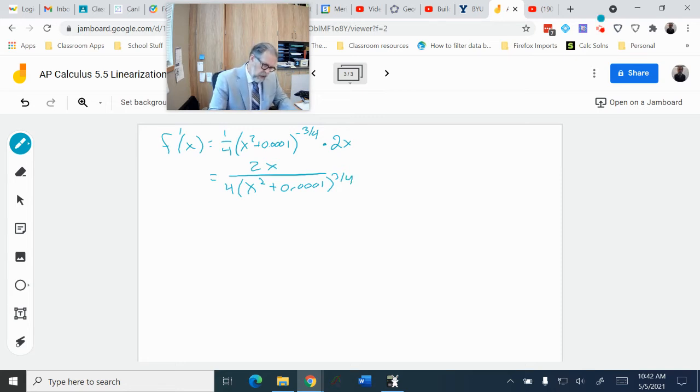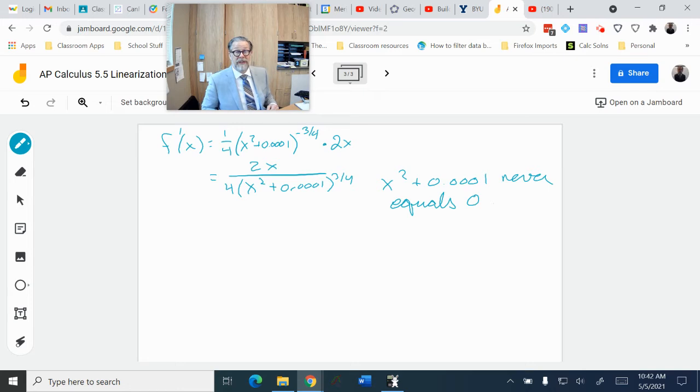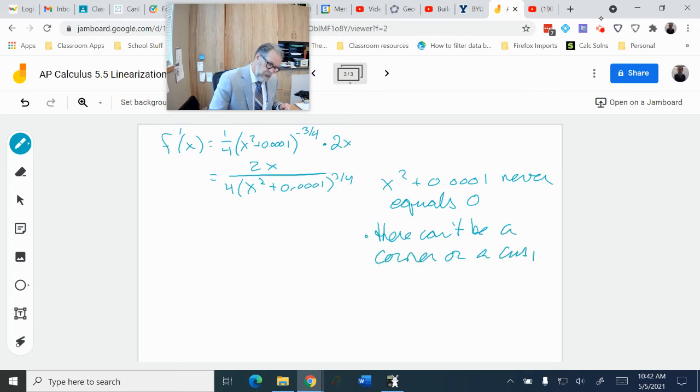Now, clearly, x squared plus 0.0001 never equals 0. Which means that this derivative exists everywhere, including at x equals 0, which means there can't be a corner or a cusp at x equals 0. Hopefully that makes sense to you.